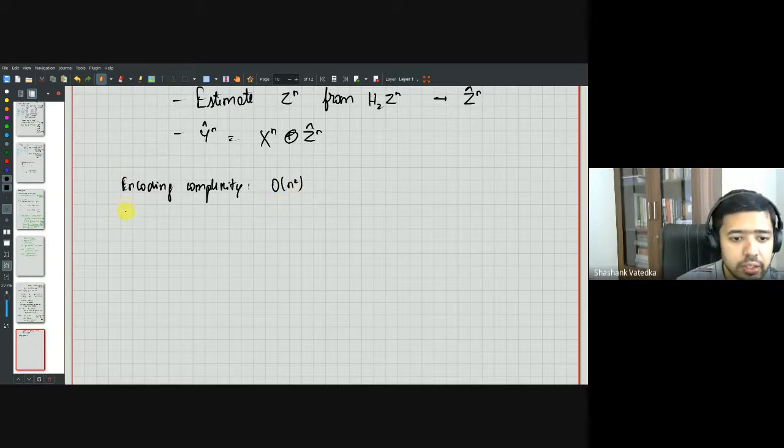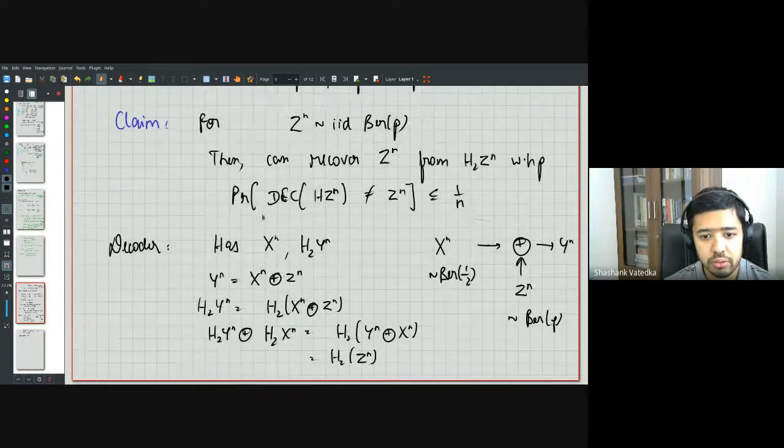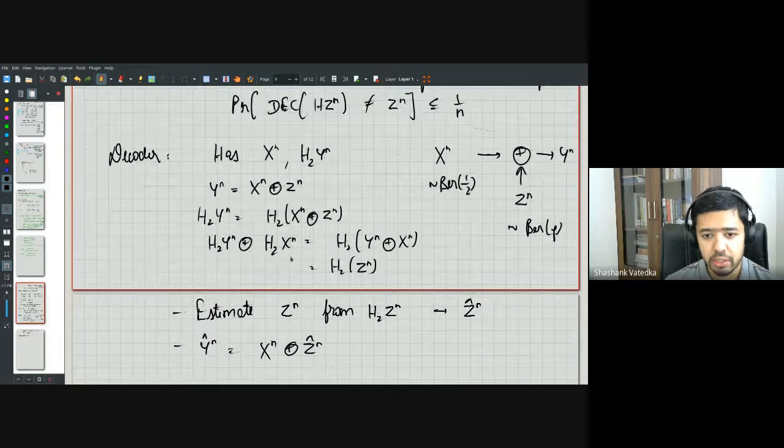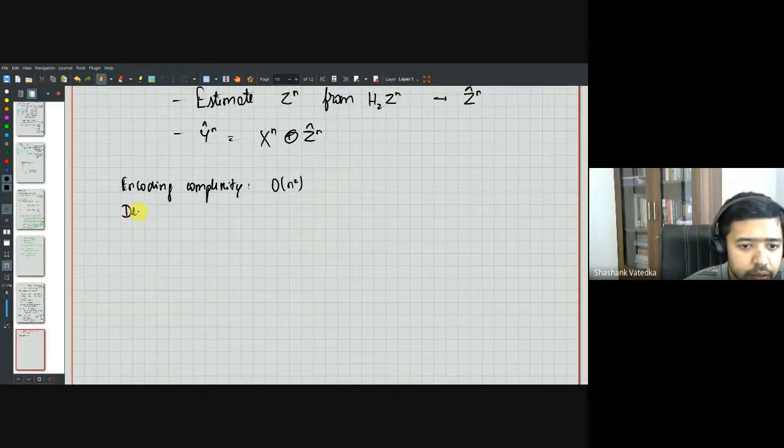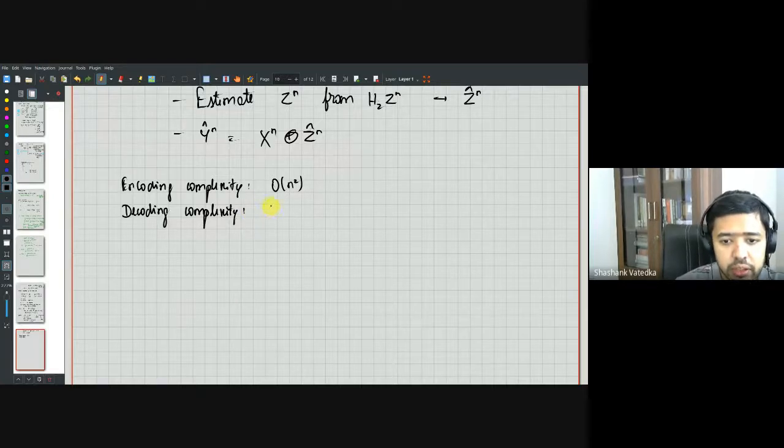All right. And the decoding complexity really depends on the complexity of this decoder plus some more matrix multiplications. So the decoding complexity is the complexity required for the matrix multiplications plus the complexity of the decoder.